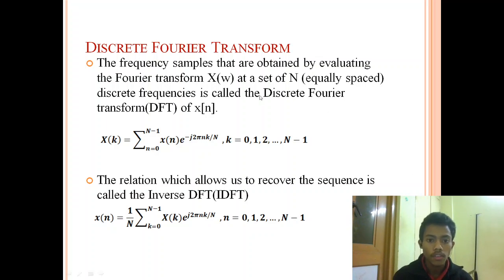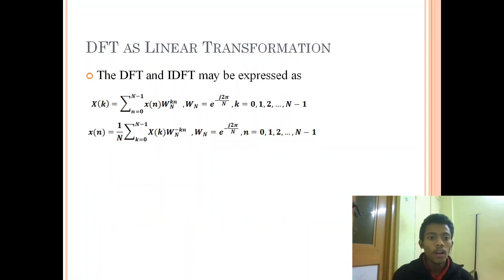It is the frequency samples obtained by evaluating the Fourier transform, generally the DTFT, at a set of N equally spaced discrete frequencies. The relation which allows us to recover the sequence is called the inverse discrete Fourier transform. By using this relation we get x of n from the coefficients of the discrete Fourier transform. Here the DFT is a linear transformation.